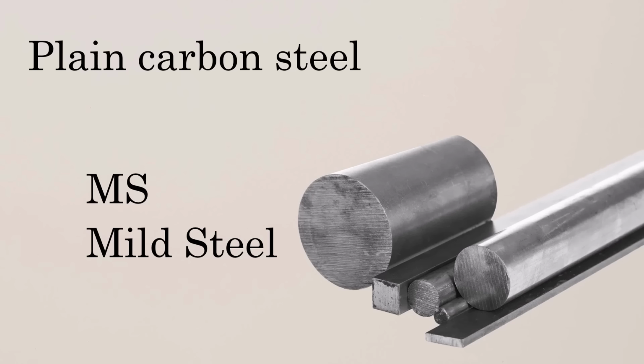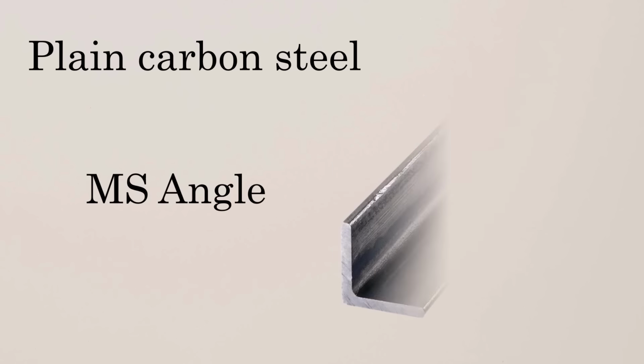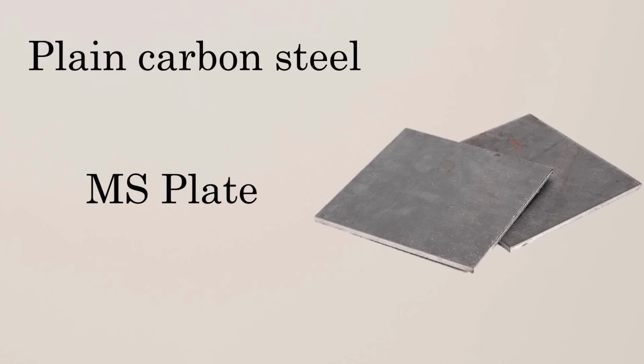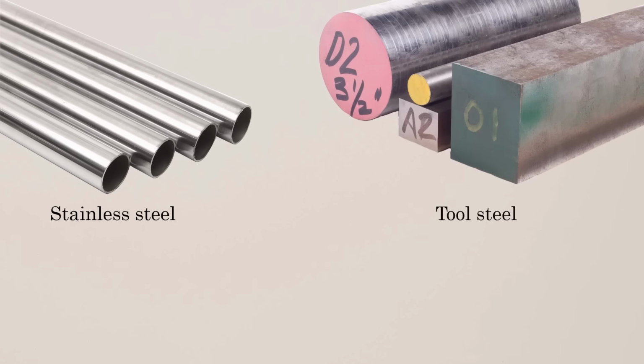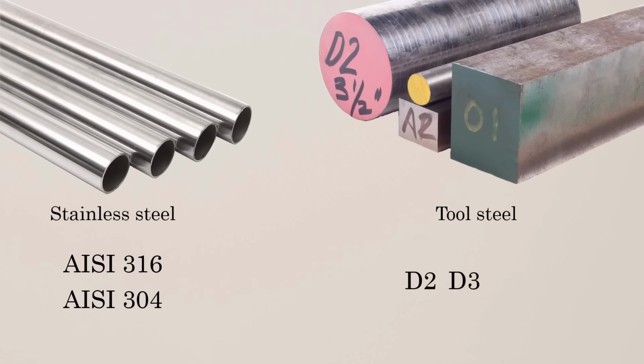You will hear names like MS pipe, MS angle, MS plates. No grade mentioned. On the other hand, stainless steel and tool steel are often available using the AISI standard, like 316 or 304, and for tool steels like D2, D3, H13 or O1.